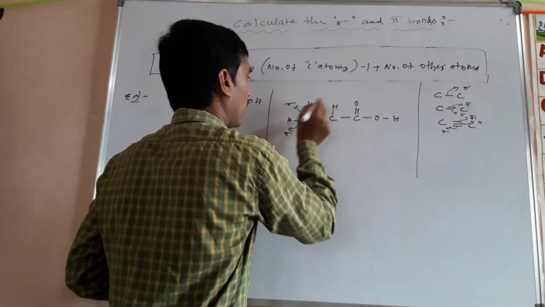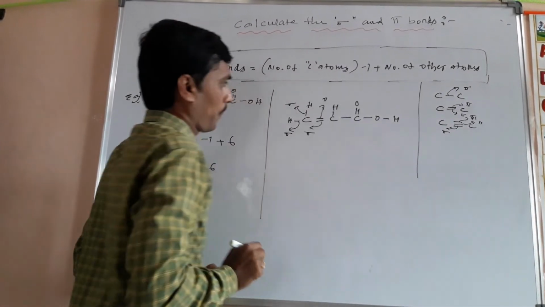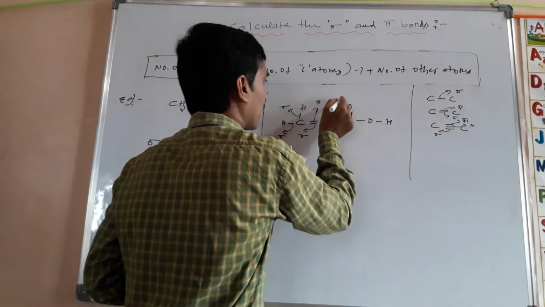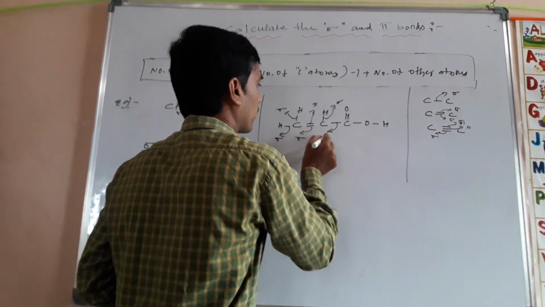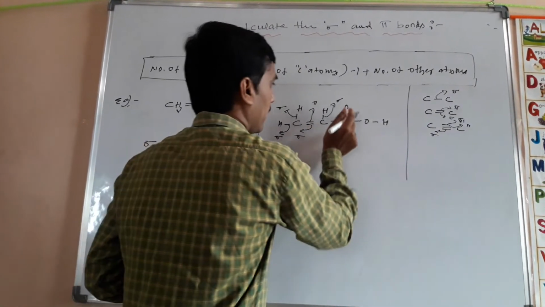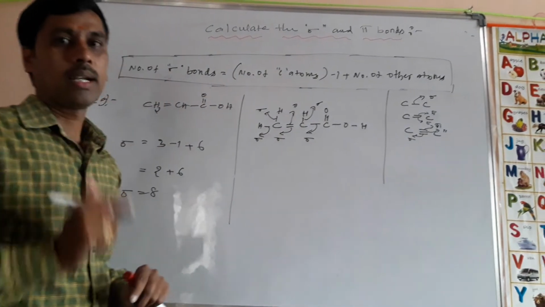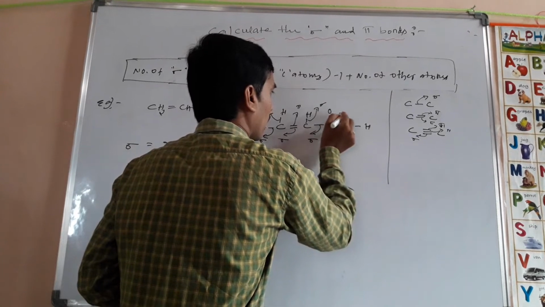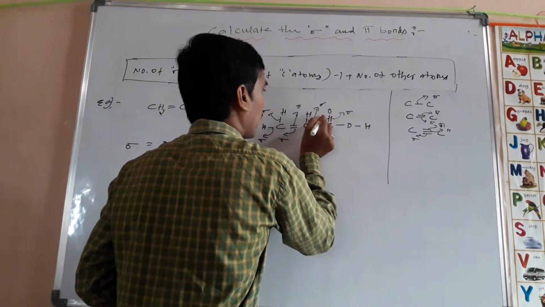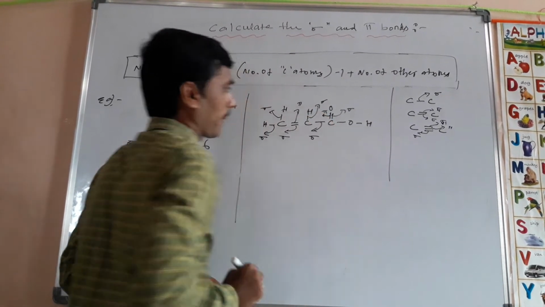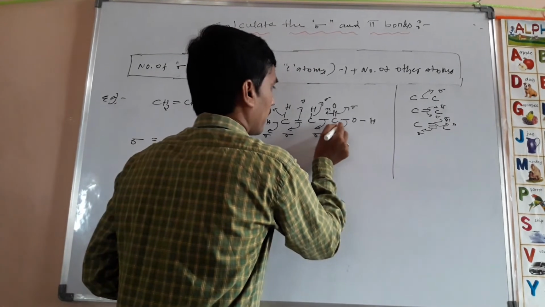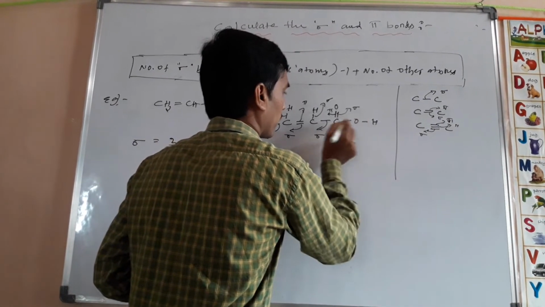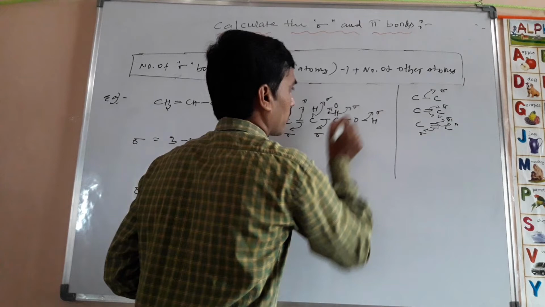This bond is also a sigma bond. This carbon has a double bond; in this double bond, one is a pi bond and the other is a sigma bond. Next, this bond is a sigma bond, and this is also a sigma bond. The carbon-oxygen bond is a double bond; one is a sigma bond and the other is a pi bond. Next, this is a sigma bond.